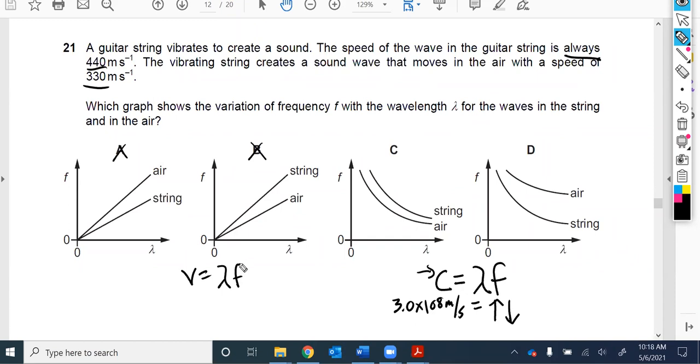So if we think about what we've got plotted here, let's rewrite this. So y equals, okay, then we divide each side by this.